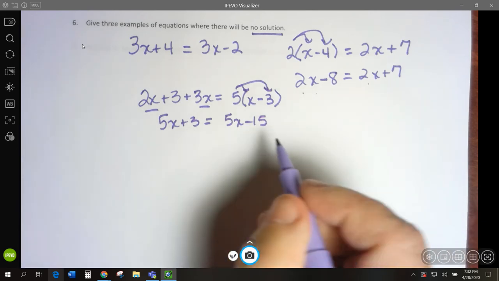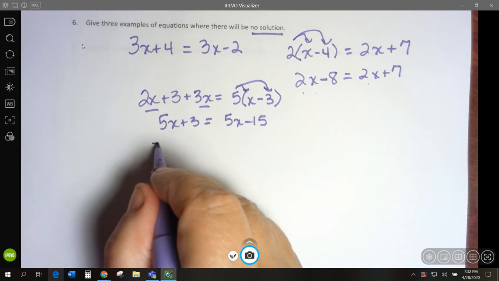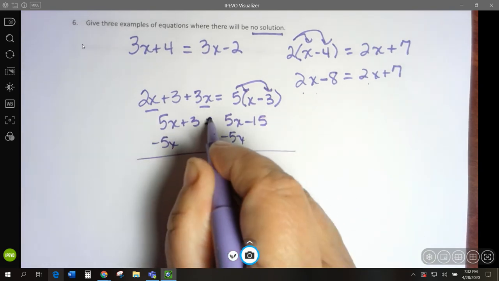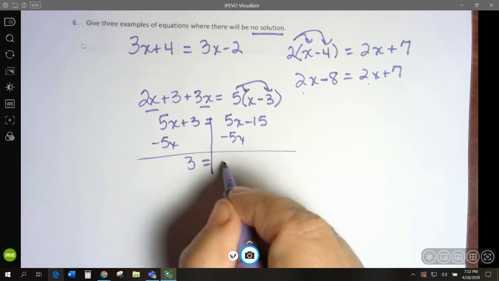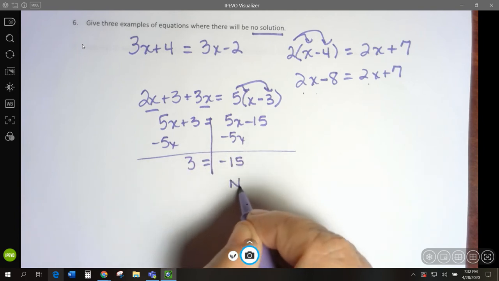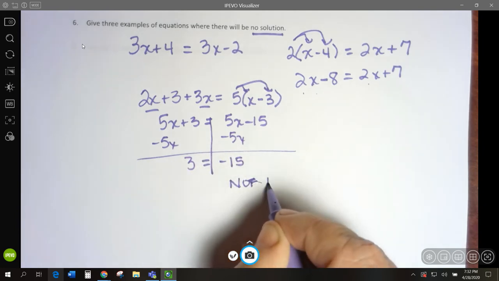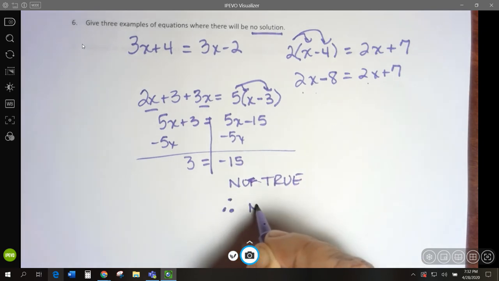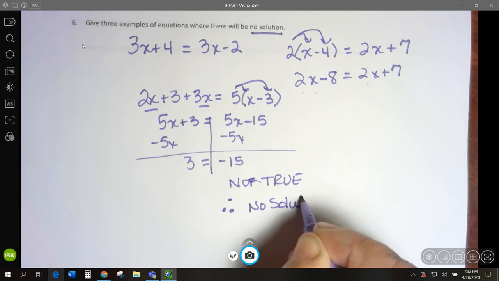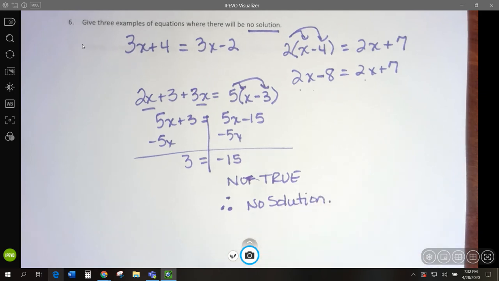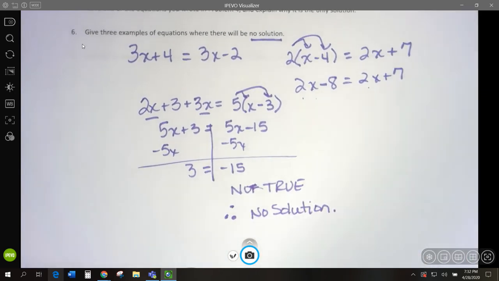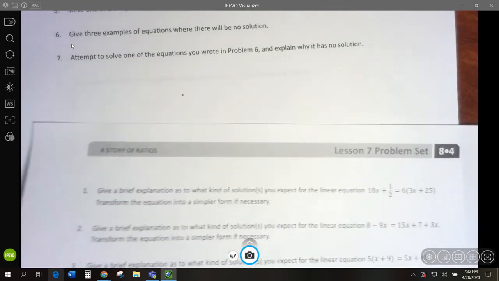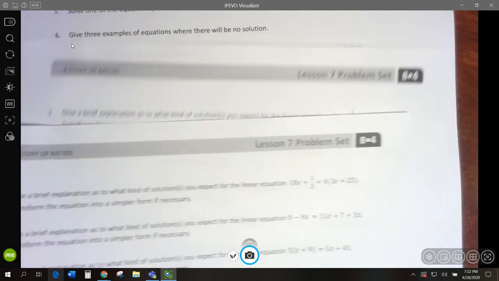To prove it, let's get rid of the 5x on both sides, and we get 3 equals negative 15. Not true. Therefore, no solutions, just like we thought. So that was 6 and 7, attempting to solve one of those from 6.